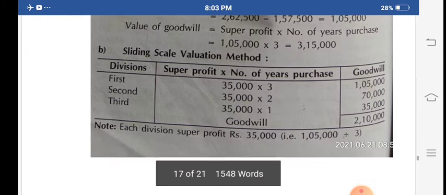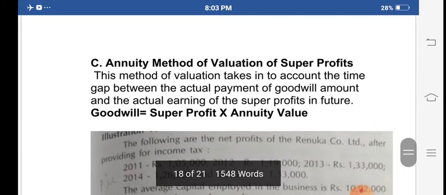Next, under the super profit method, the third method is the annuity method of valuation of super profits. This method of valuation takes into account the time gap between the actual payment of the goodwill amount and the actual earning of the super profits in the future.